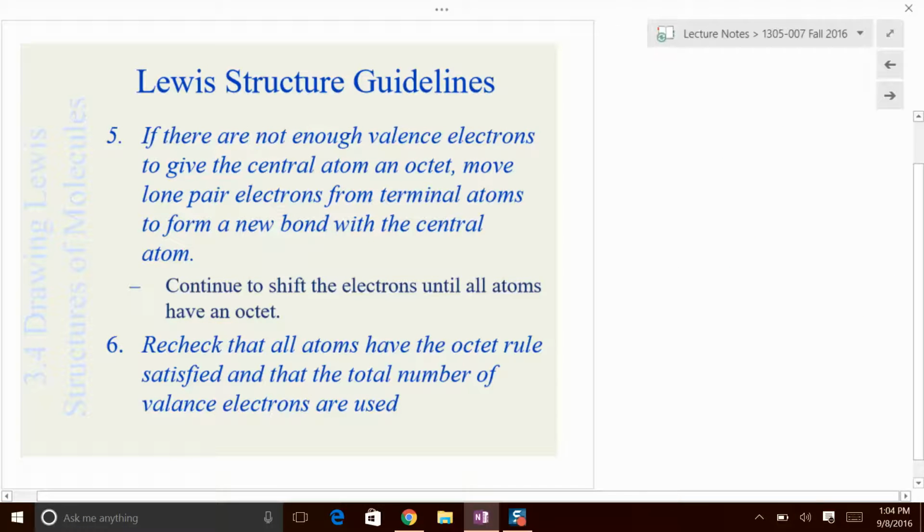Okay, next guideline. If there are not enough valence electrons to give the central atom an octet, move lone pair electrons from terminal atoms to form a new bond with the central atom. What the heck does that mean? Okay, let's look at it. So this was our starting point. We have 8 valence electrons on everything.